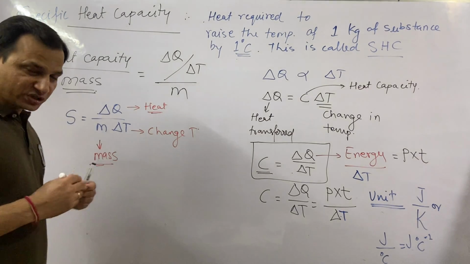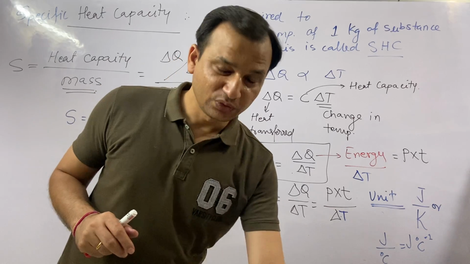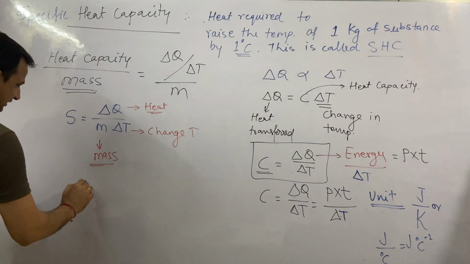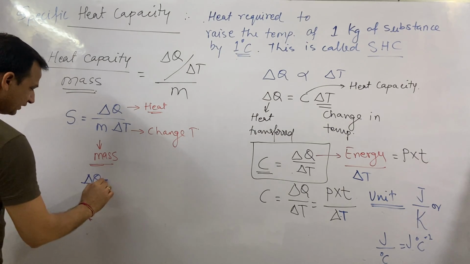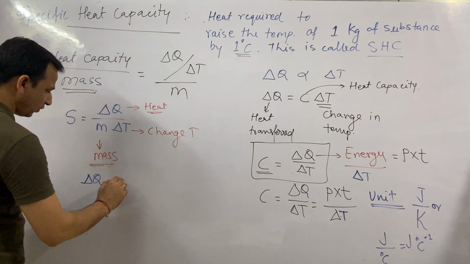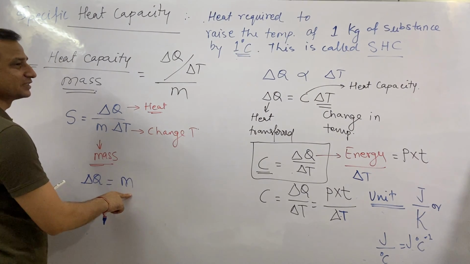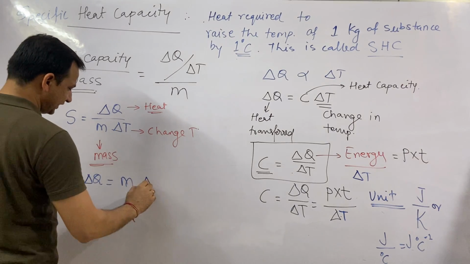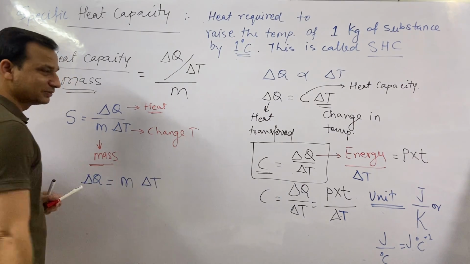Now most of the time you may see this formula like this: delta Q, which is heat transfer to the system, will depend on the mass of the system and the change in temperature of the system.